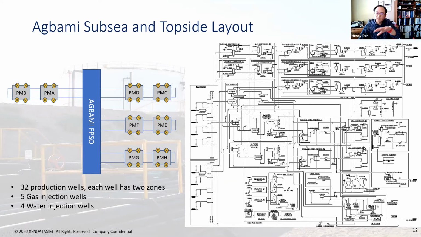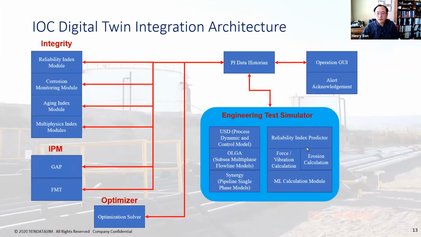So to optimize this entire process is comprehensive work, okay? So coming down to the IOC digital twin integrated architecture, you can see here, this is the process.